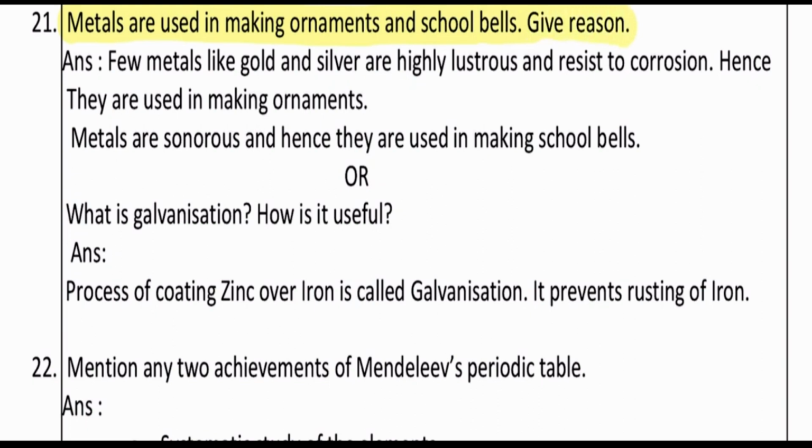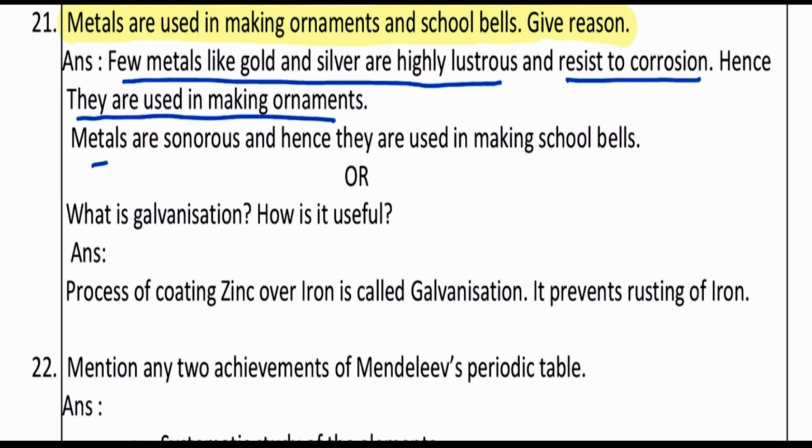Give reason. A few metals like gold, silver are highly lustrous and resistant to corrosion. Corrosion means rusting or something. Hence, they are used in making ornaments. Metals are sonorous and hence they are used in making school bells. Sonorous means when struck they make sound.